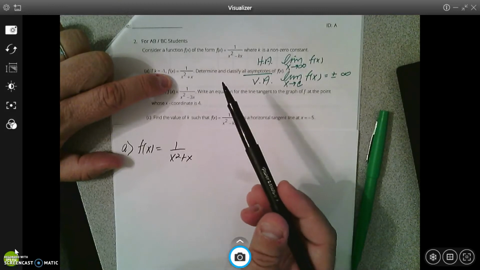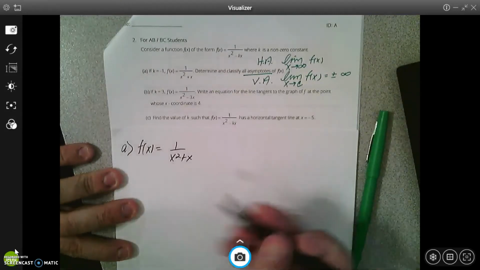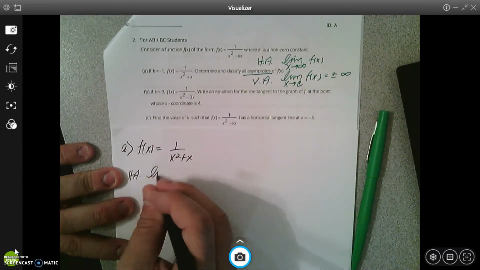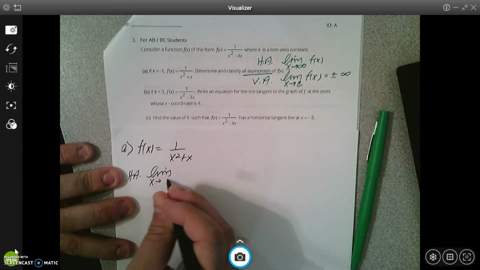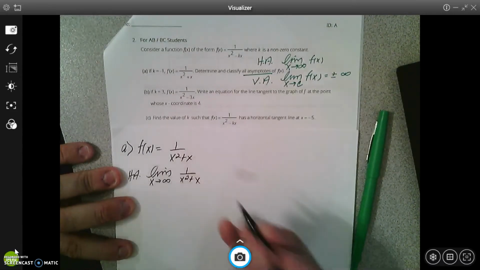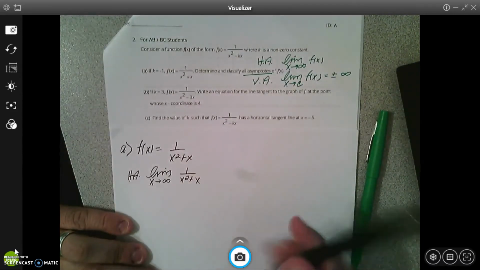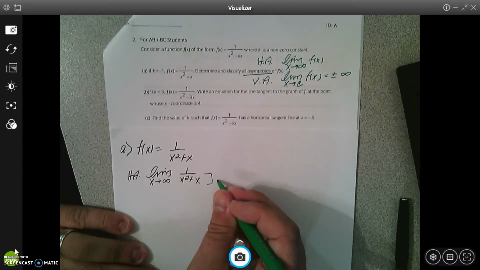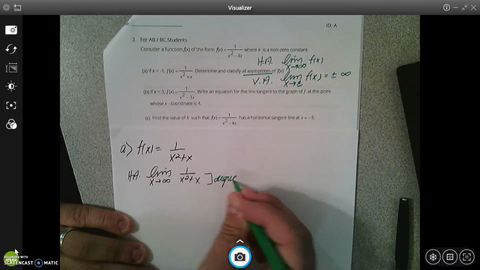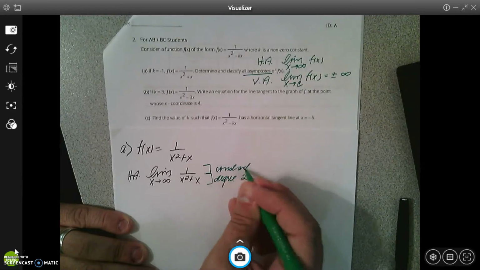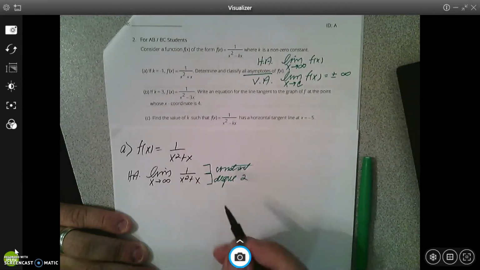This is calculator inactive. So first I'm going to start by looking at my horizontal asymptote. Horizontal asymptotes, if they exist, are found by taking the limit as x approaches infinity of 1 over x squared plus x. Now, the denominator is quadratic, degree 2. The numerator is a constant, so the numerator remains the same.